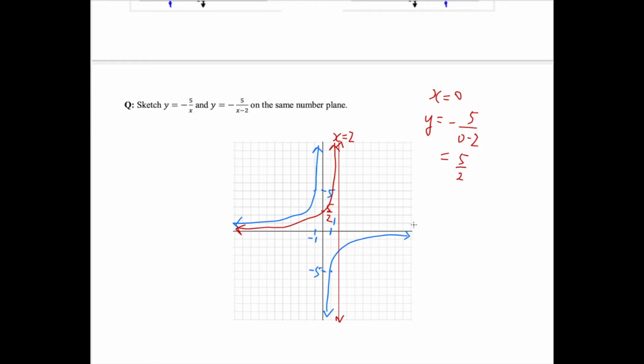So I normally just sub in x equals 1. So when x equals 1, you have y equals minus 5 over 1 minus 2, which equals 5.